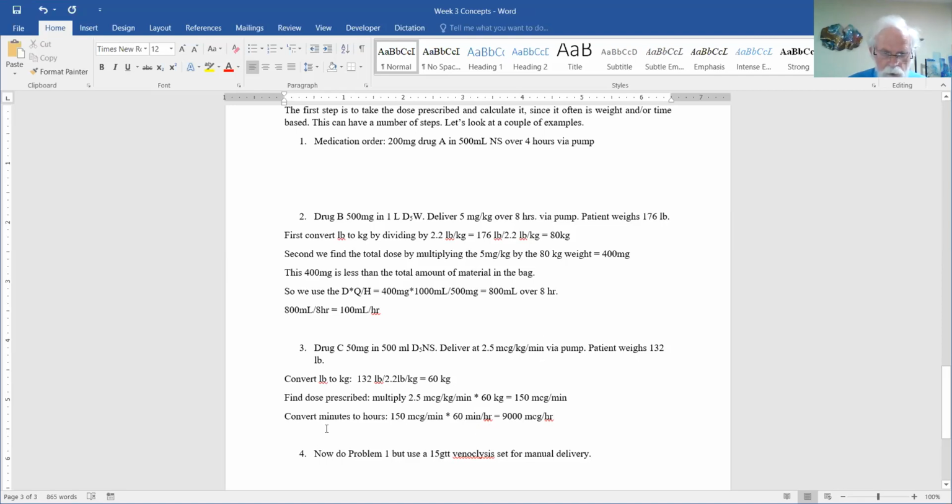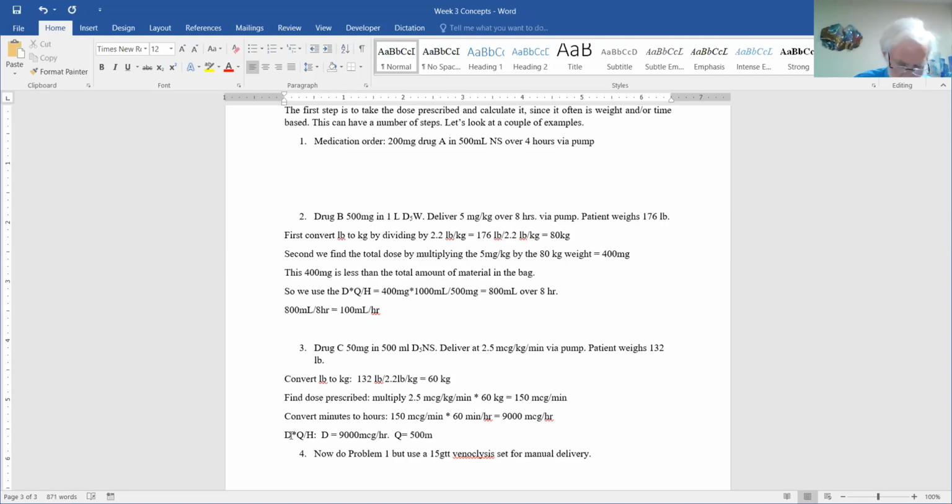Now if we go back to D times Q over H, D, the dose prescribed, is going to equal 9,000 micrograms per hour. Q is going to equal 500 milliliters.